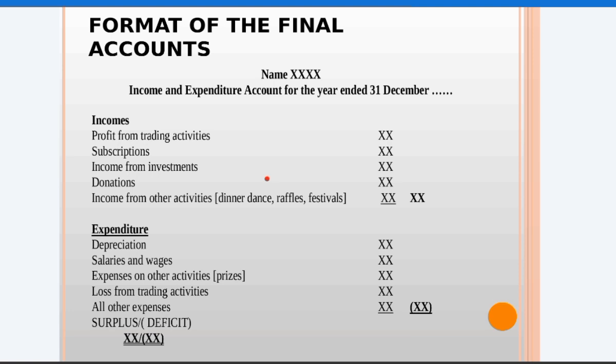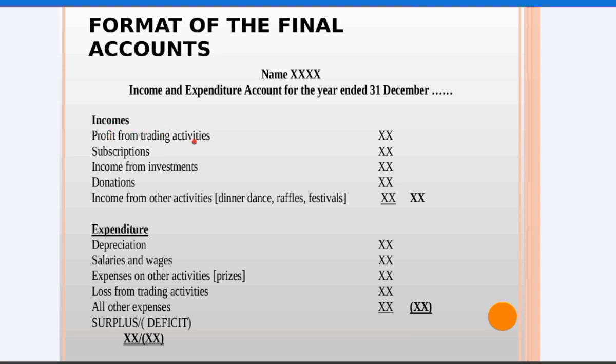It is a very simple statement whereby first we get to know the incomes, we accumulate the incomes, and we have a number of items that form incomes. So we have the income from trading activities.